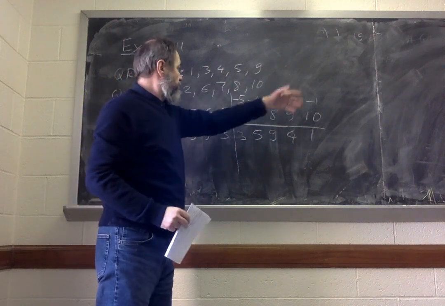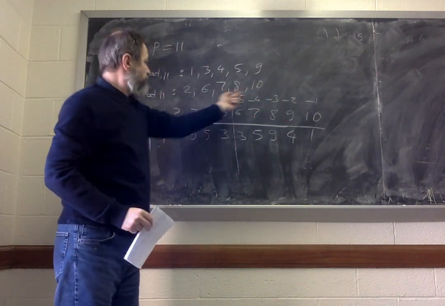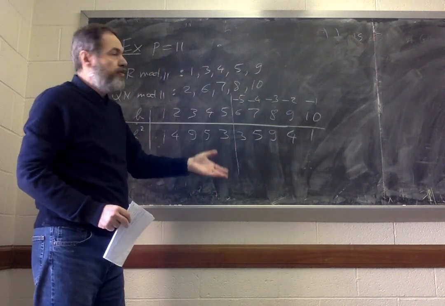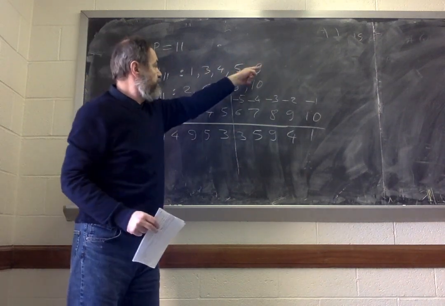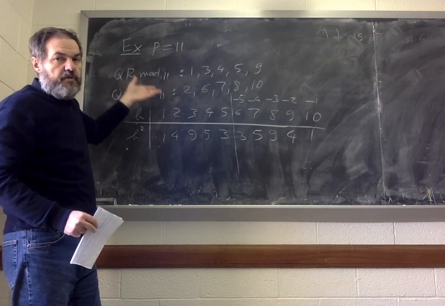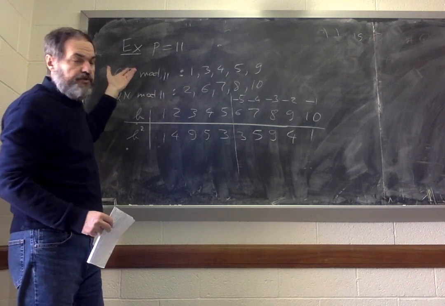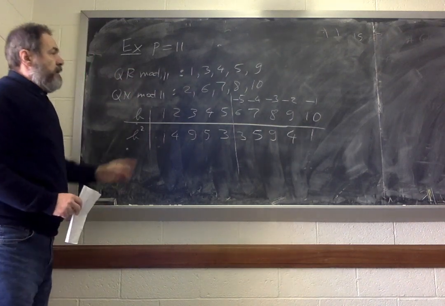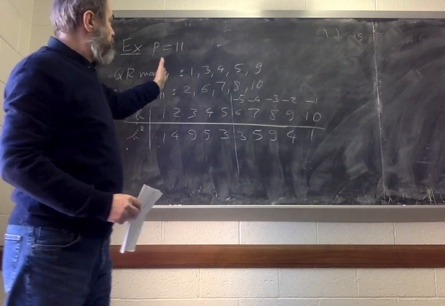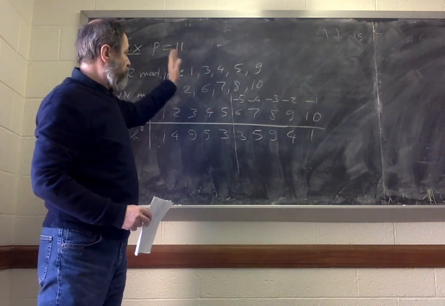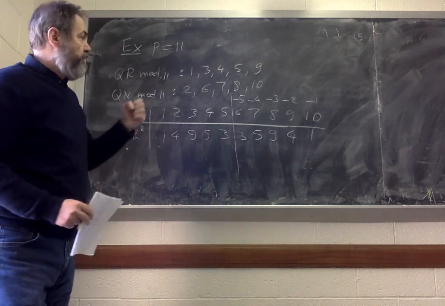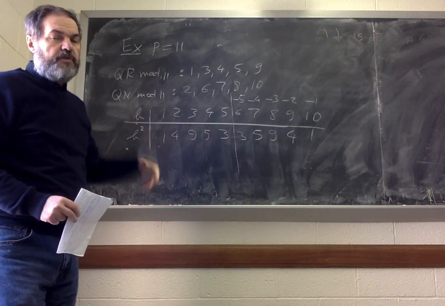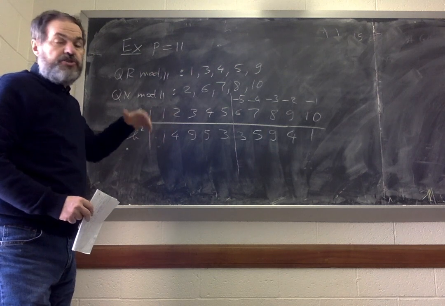A larger number that's congruent to one of these is a quadratic non-residue, and a number that's congruent to one of the others is a quadratic residue. Now in the interval from 1 to p minus 1, so from 1 to 10 in this case, there are exactly 5 quadratic residues and 5 quadratic non-residues. So there are just as many.